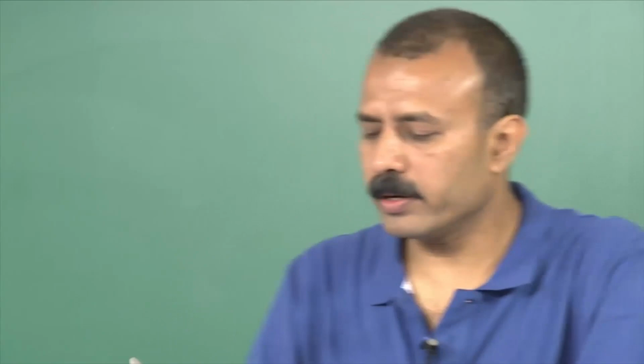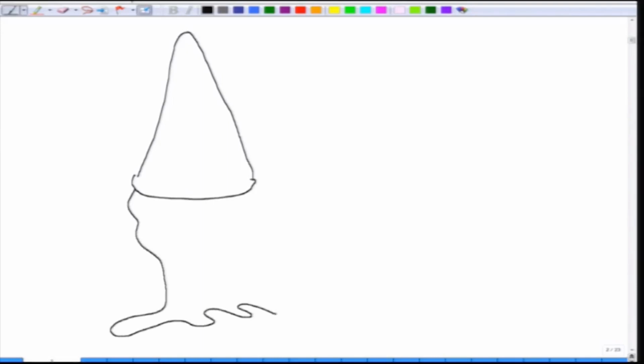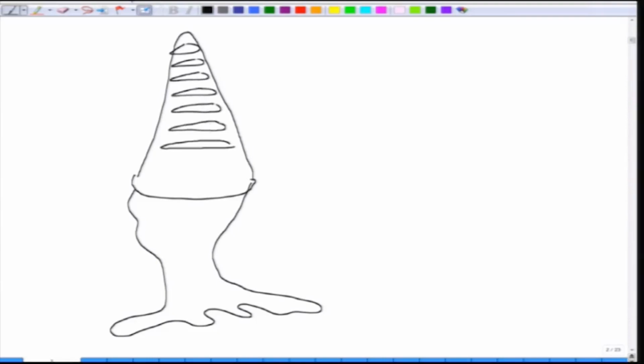So, if I draw it, it looks something like this. Cones, because of their whole structure, are more like this. This is the classic structure of a cone-like cell, and within this structure you have this cap-like structure that I have just drawn for you.